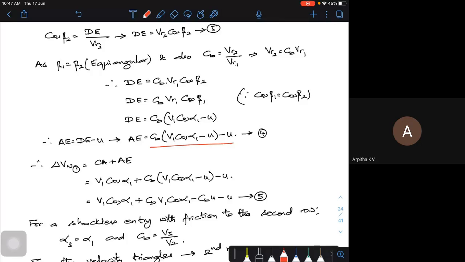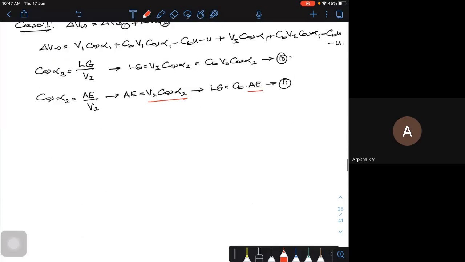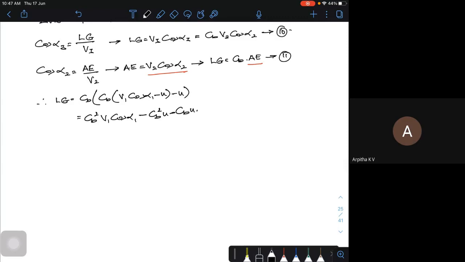Therefore your Lg I can write as Cb into V1 cos alpha 1 minus U minus U, or Cb square into V1 cos alpha 1 minus Cb square into U minus Cb into U, or Lg is equal to Cb square into V1 cos alpha 1 minus U into minus Cb into U.